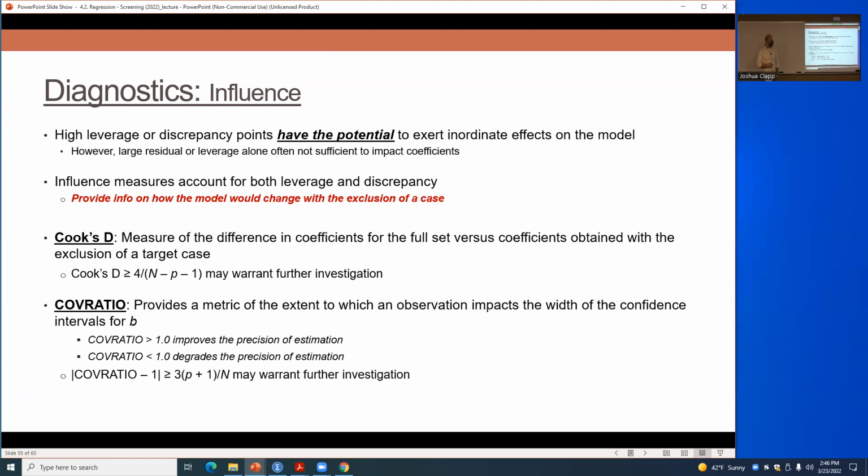Cove ratio. This is looking at the impact of a case on the width of a confidence bound.